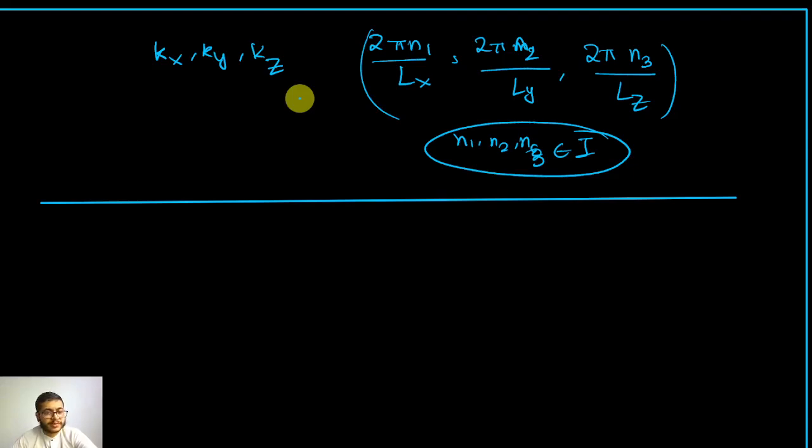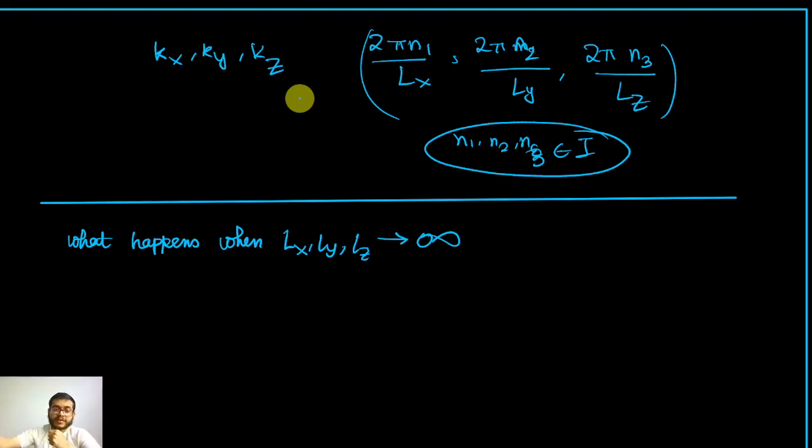So what happens when Lx, Ly, Lz go to infinity, or the system is very, very large? Compared to the microscopic things we are trying to look at, the length scale of the system is very, very large.